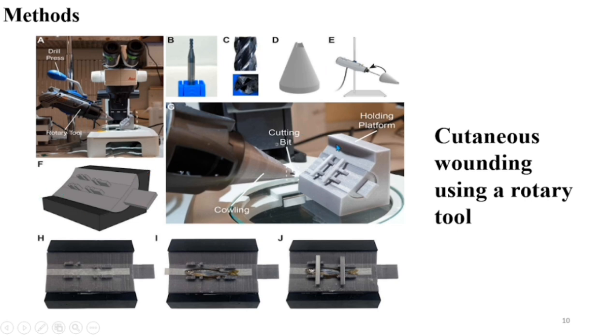G is a focused image of the operating table for the fish. H, I, K are images of mounting the fish onto the holding platform, showing the platform with the wet filter edge. A fish is placed on the platform at the top of the panel, and the mounted fish is immobilized on the platform using the anchoring rod. So they use the platform and the rod to immobilize the fish during the operation.